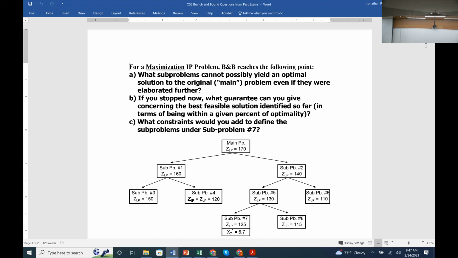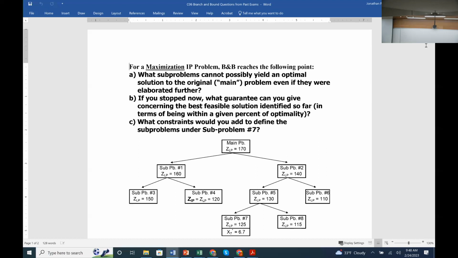But we know that the IP solution, however, is 120. The current incumbent solution, we know how to score 120. If we worked forever and elaborated everything, conceivably we could do as well as 150. And so that goes along with the classic kind of question I could ask: what are the tightest bounds you can give on the optimal solution value for the original problem?